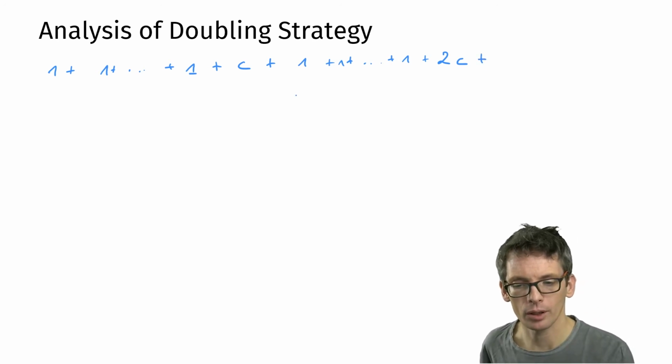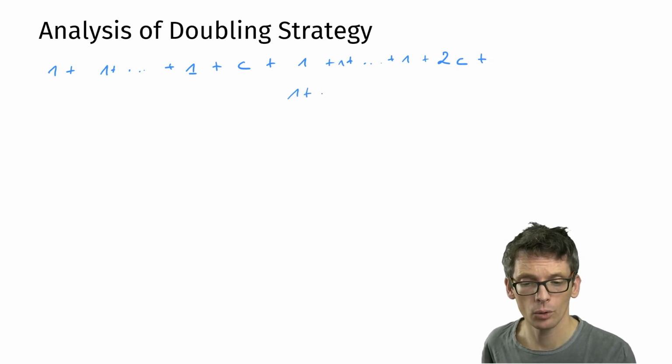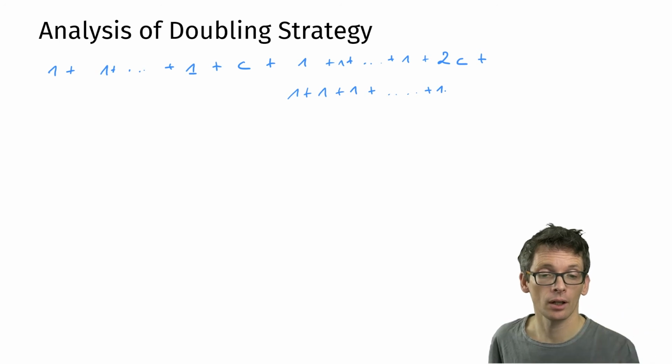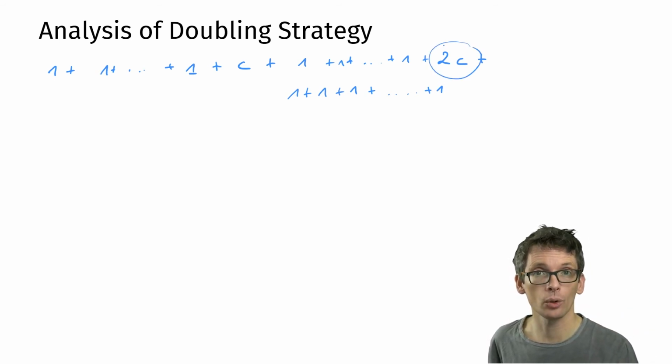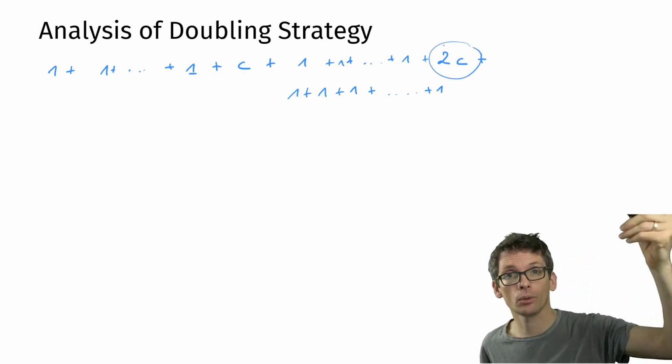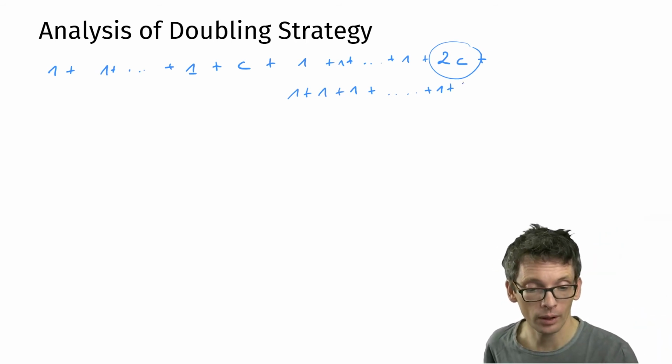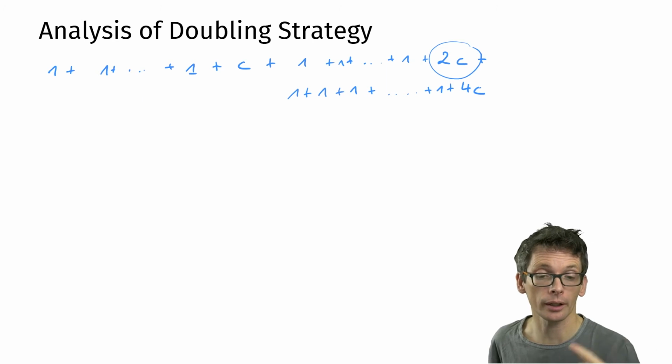But now we continue, and how many ones do we get here? We get 2c ones essentially, because the next time we need to resize is, when we hit 2c, we resized to twice that, so to 4c. So we only need to resize at the point where we are at 4c and want to insert an element.